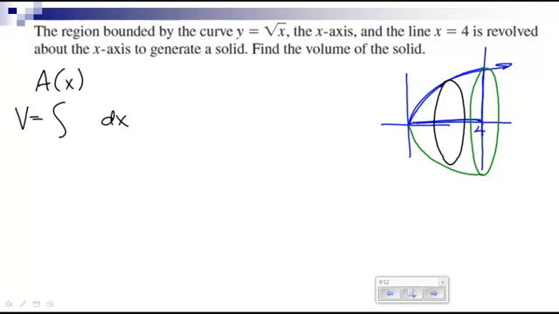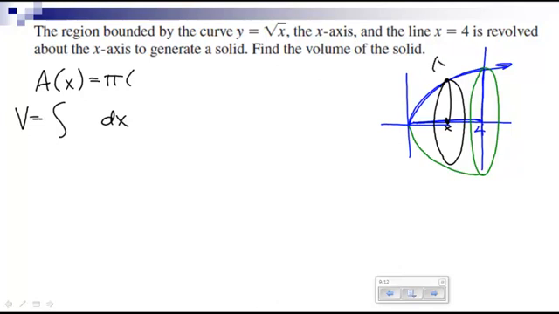That means I want the area for some arbitrary x of that circle. It's a circle, so it's pi r squared. So it's pi something squared. What's the radius of that circle? From here to there.